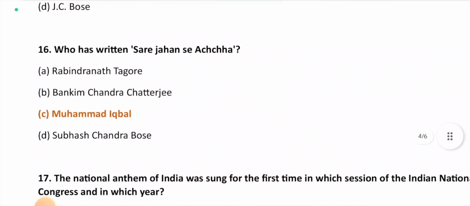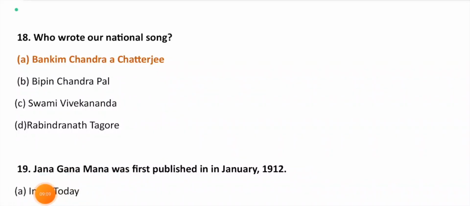16th one, who has written Sare Jahan Se Accha? Answer, option C, Muhammad Iqbal. Muhammad Iqbal, the author of Sare Jahan Se Accha. National song composed by Bankim Chandra Chatterjee.